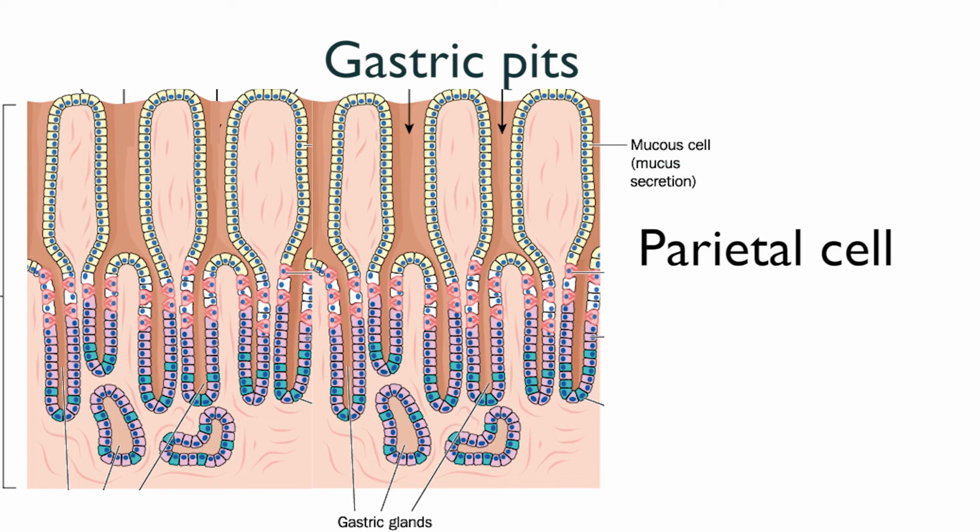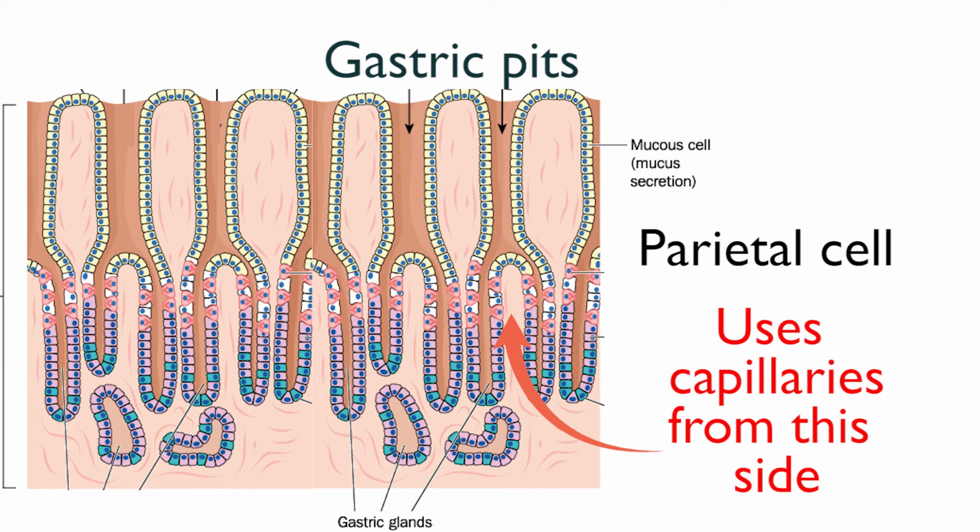Just to add a bit more information about what happens right here at the parietal cells, when the molecule of omeprazole passes the capillaries near the parietal cells, most of the free drug is going to go through the capillaries into the interstitial space around the parietal cells, and then it's going to penetrate into the parietal cells where it's going to work inside the parietal cell.